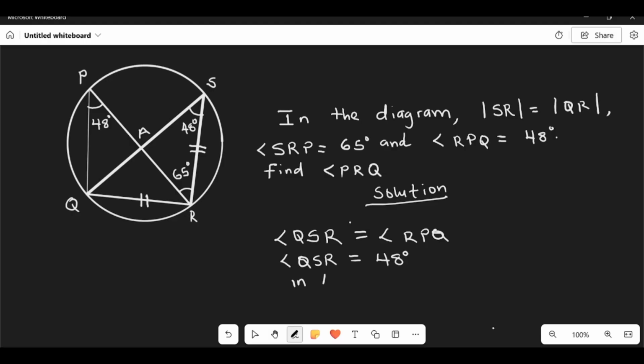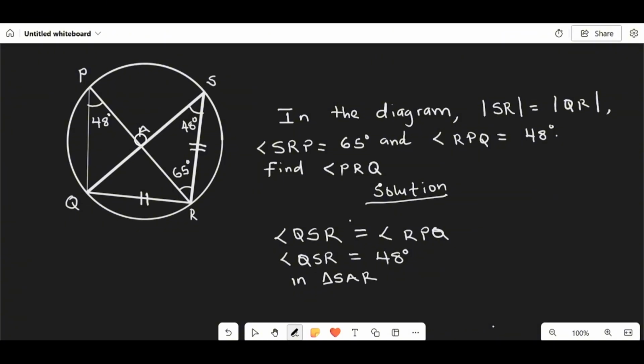In triangle XAR, angle XAR plus angle AXR plus angle ARX is equal to 180 degrees, because the sum of angles in a triangle is equal to 180 degrees.